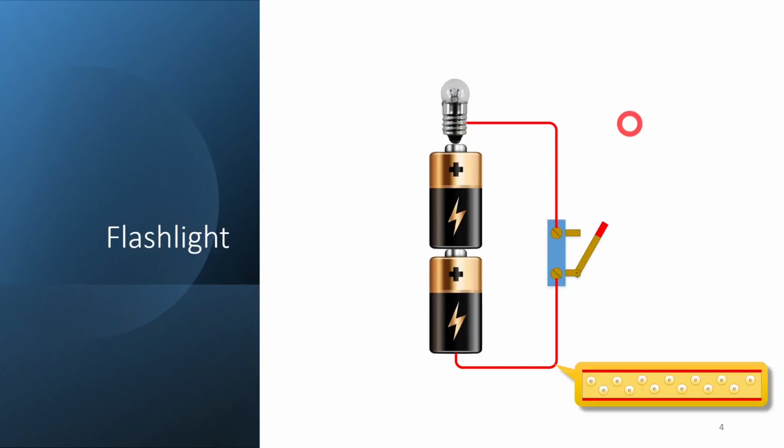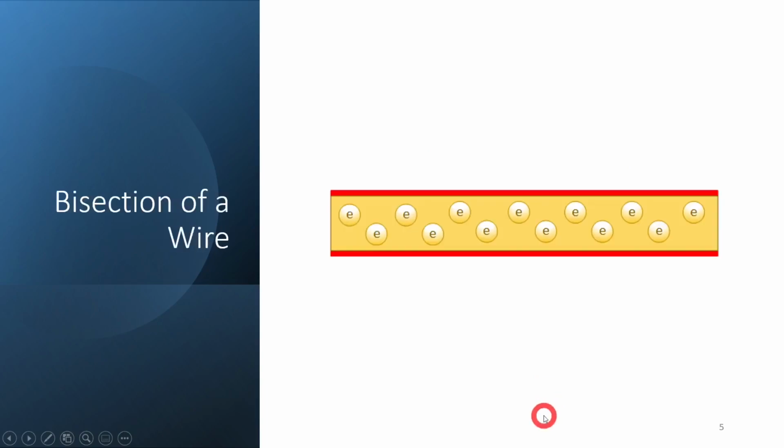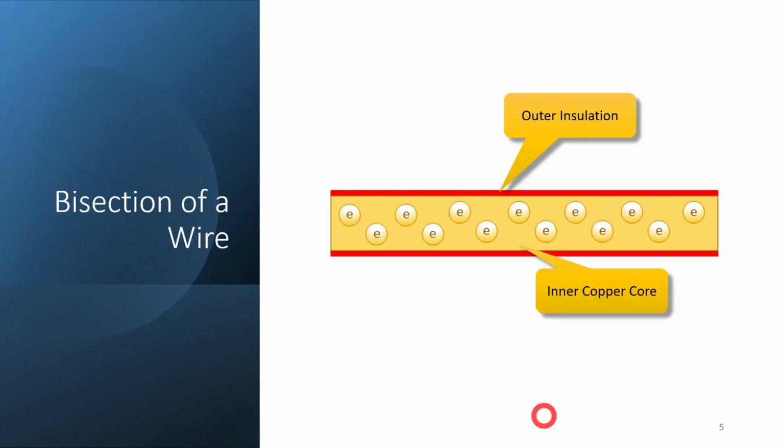What we want to do is bisect this wire down here and look at what's happening internally. So here is a bisection of that wire, and this outer shell is the insulation, the red portion. That's our outer insulation, which no current will flow through, but this inner golden color is our copper core.